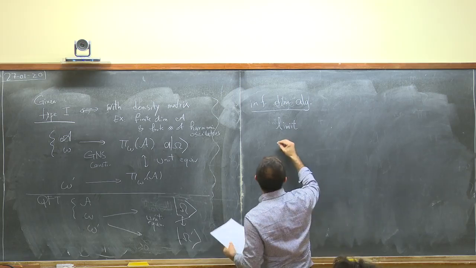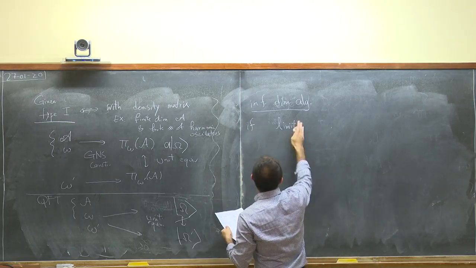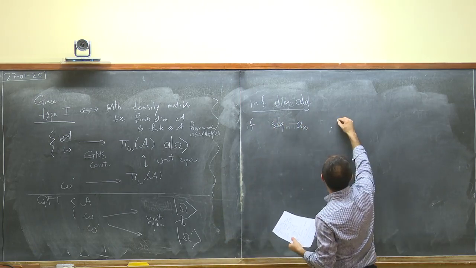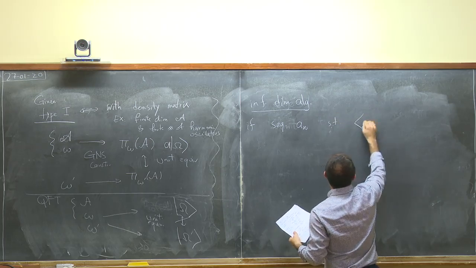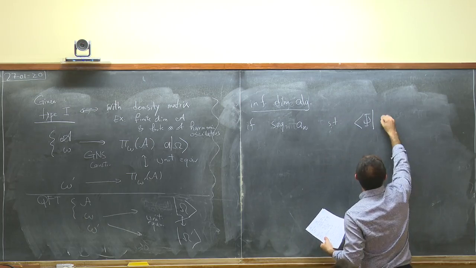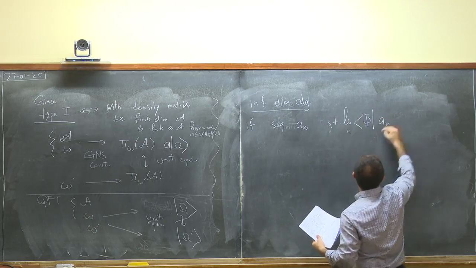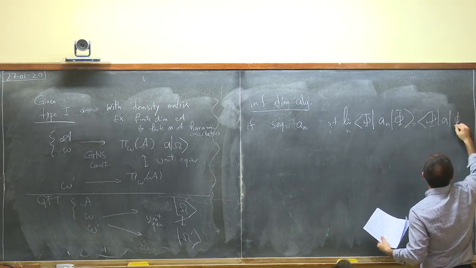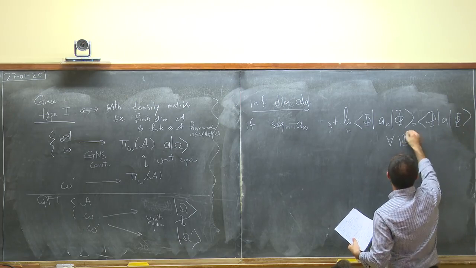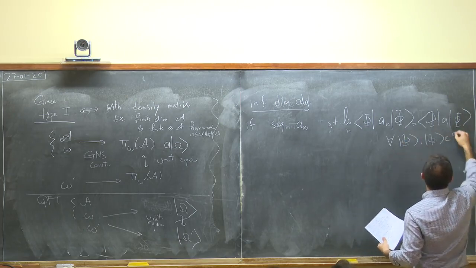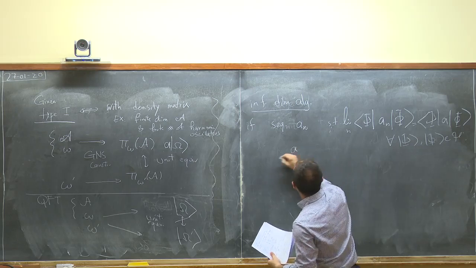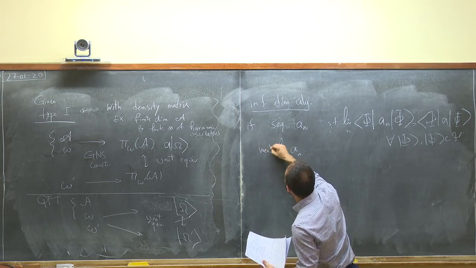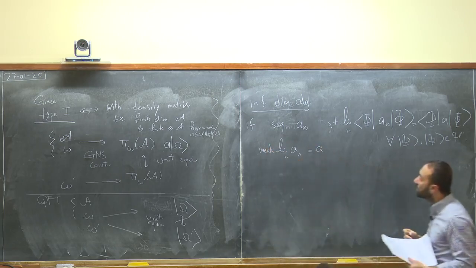So we say, if you have a sequence of operators a_n inside the algebra such that for any two vectors in the Hilbert space, the limit of n of <psi|a_n|phi> is equal to <psi|a|phi>, for all psi and phi vectors in the Hilbert space, we say that the weak operator limit of a_n is a. So this is just a definition.